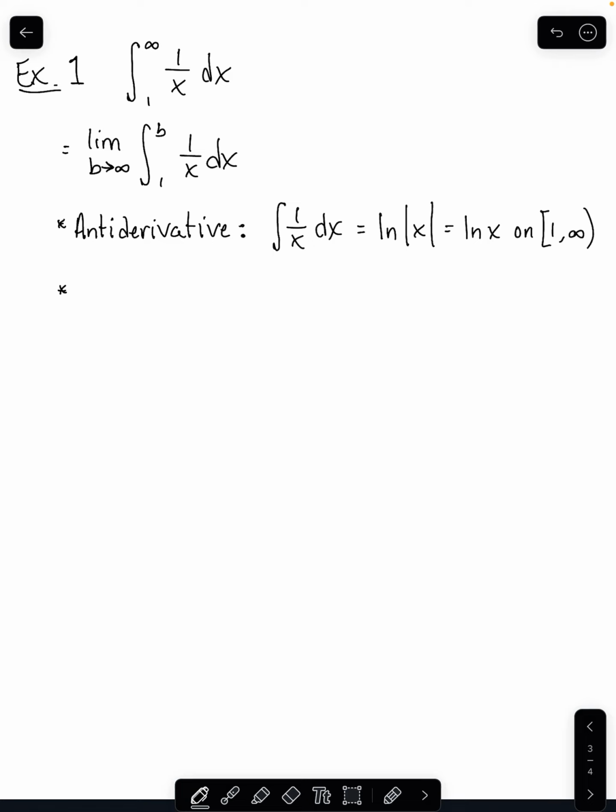Next, we can apply the fundamental theorem of calculus. The integral from 1 to b of 1 over x dx should therefore be the natural log of x evaluated at b minus the natural log of 1, which of course is simply 0.